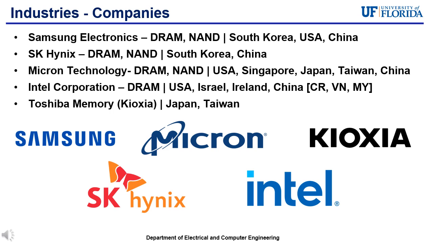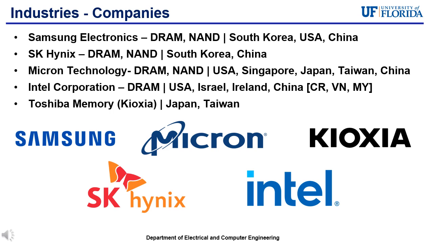Intel, another US-based company, has most of its manufacturing outsourced to countries like Costa Rica, Vietnam, and Malaysia, as its United States, Israeli, Irish, and Chinese locations focus on design and development.